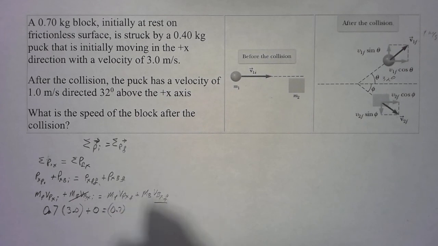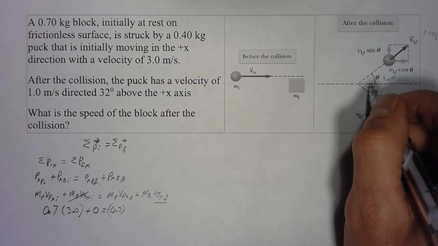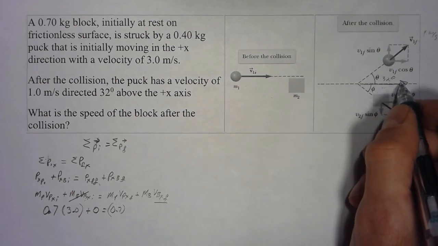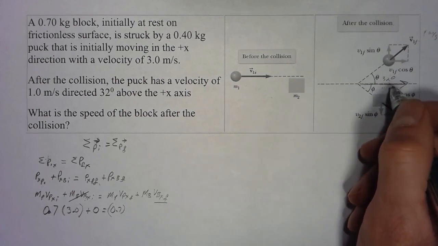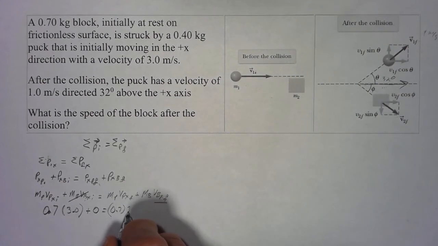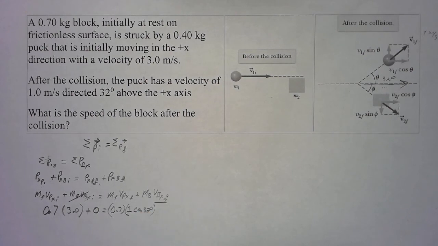Its velocity is 1 meter per second, but we just want the x. The x is going to be this horizontal component over here, which is the adjacent side, so that's going to be using cosine. So we're going to say 1 cosine 32 degrees. That is the velocity in the x direction of the puck.